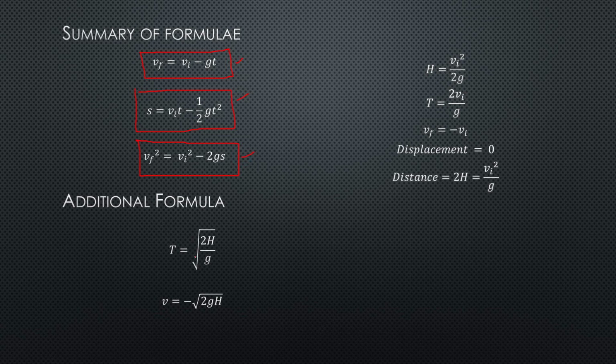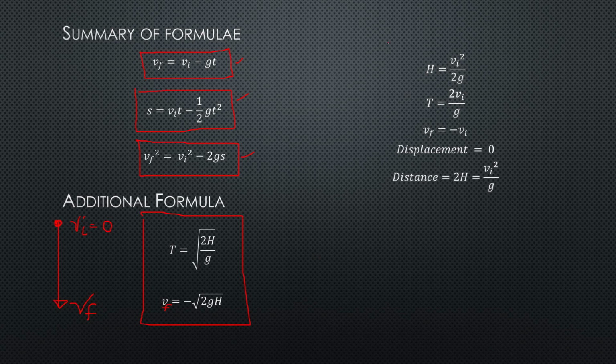An additional two formulas are used for a particle that is dropped with initial velocity equal to 0. This refers to final velocity, and negative simply refers to the direction of your final velocity, which is going down.